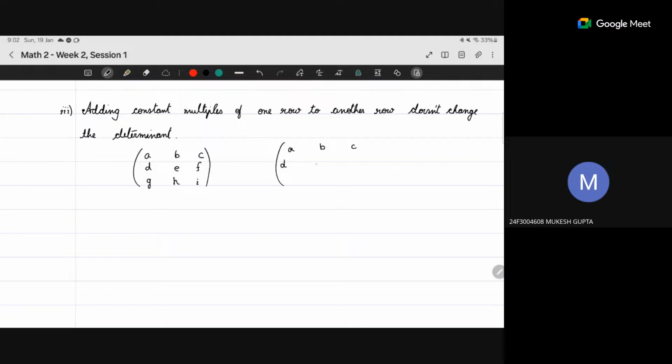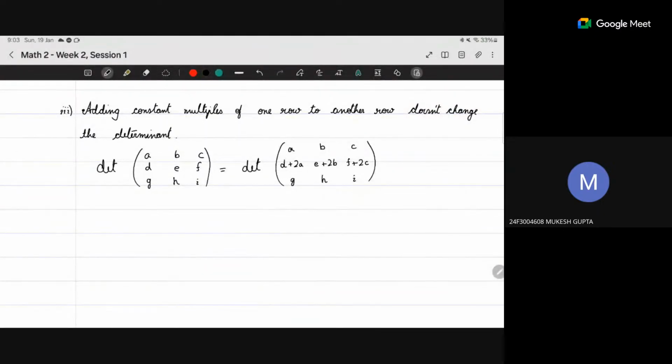I'll take row 2, and then I'll add some constant multiple of row 1 to this. So what have I done? To each entry in the second row, I have added a constant multiple of the corresponding elements in the first row. And let's say I keep the other thing the same. So the determinant of this is equal to the determinant of this. That is what the property says.